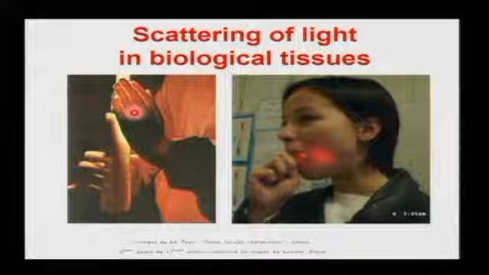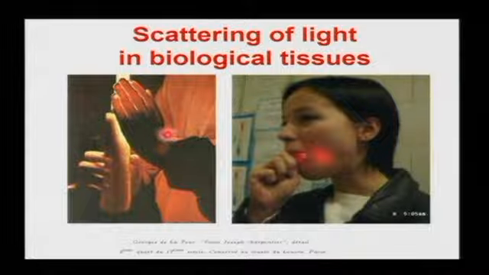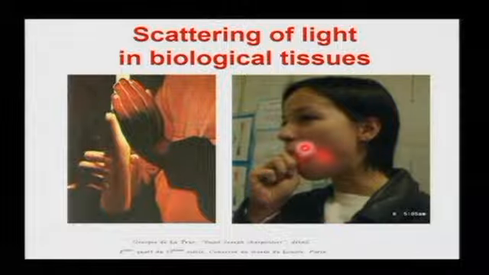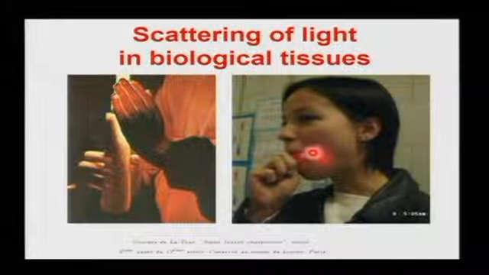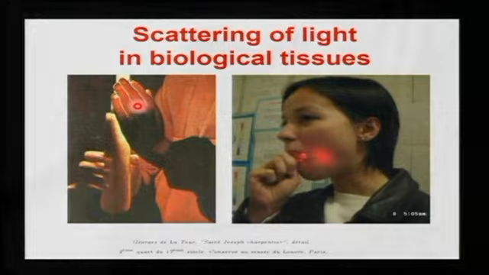And we don't understand, or we think that we understand, but we still do not. We know that light is scattered within the tissues. But again, you see, they had no lasers, but they simply were able to create that, which is amazing.